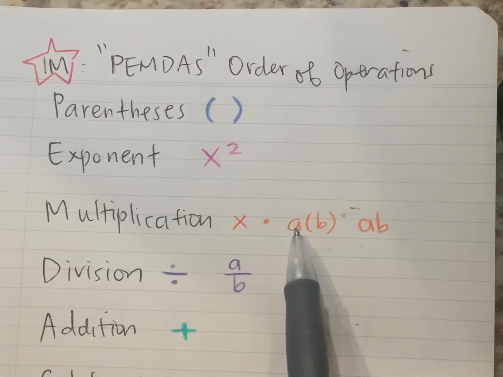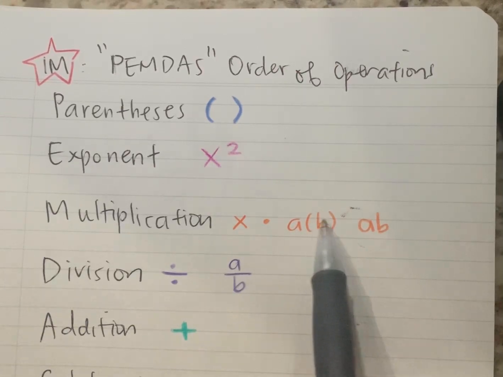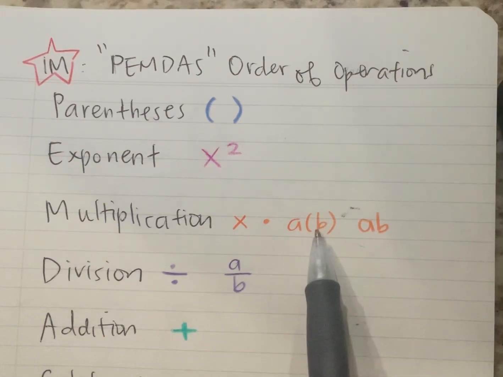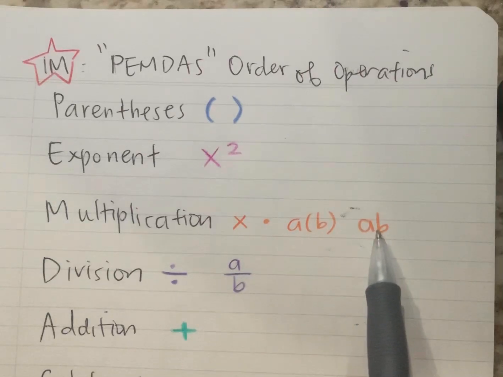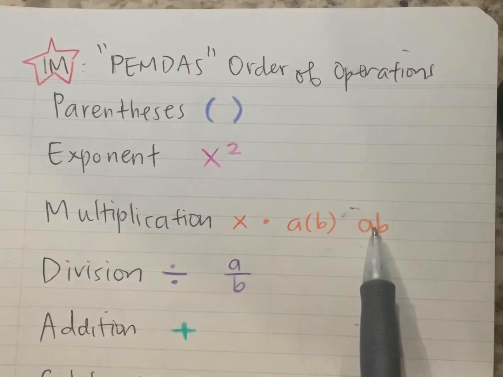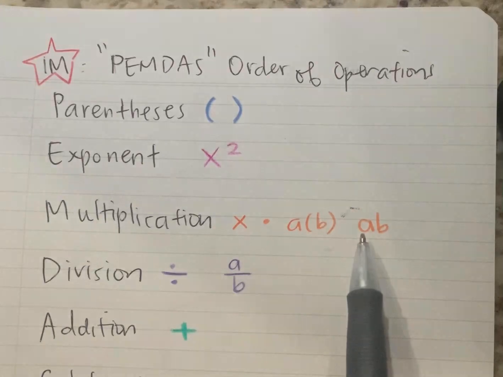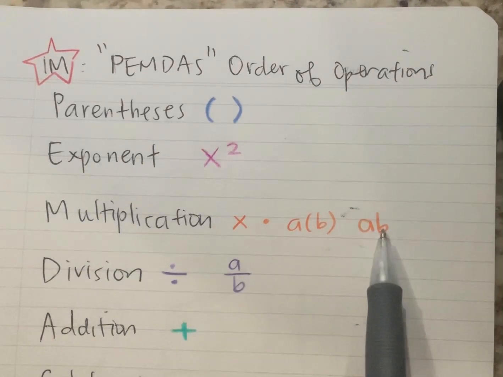Sometimes in PEMDAS you will see numbers that are in parentheses right next to each other without any sort of other operation inside. So this is A parentheses B. And then lastly, you're going to see 2 numbers side by side with nothing in between, and that's also going to indicate multiplication as well. A times B, or any number times any other number.